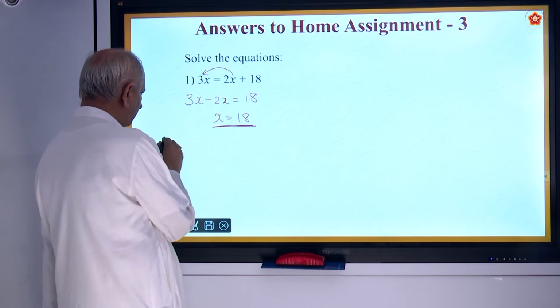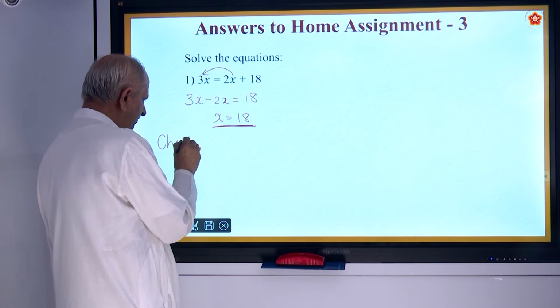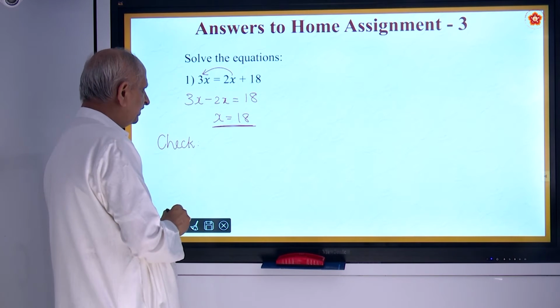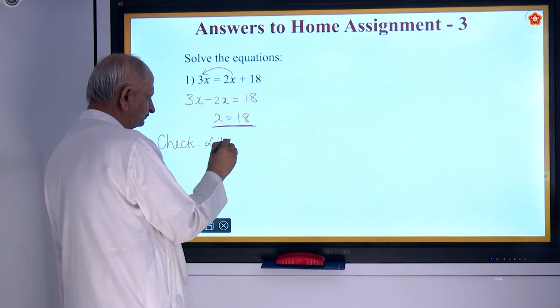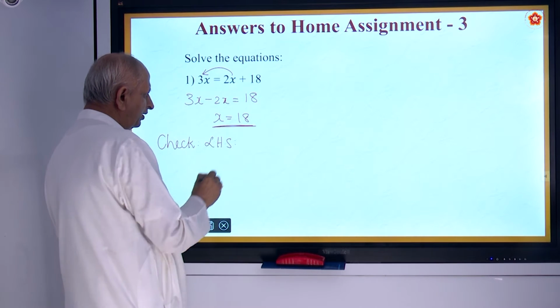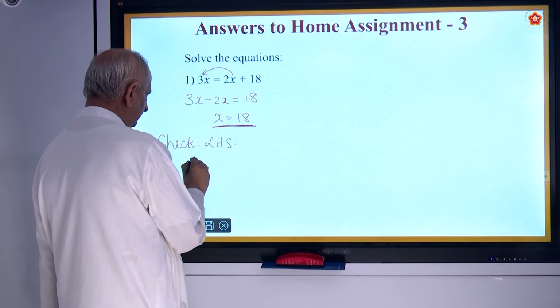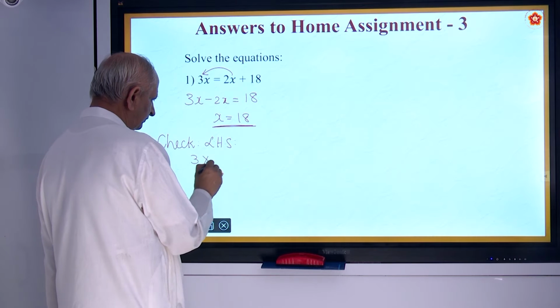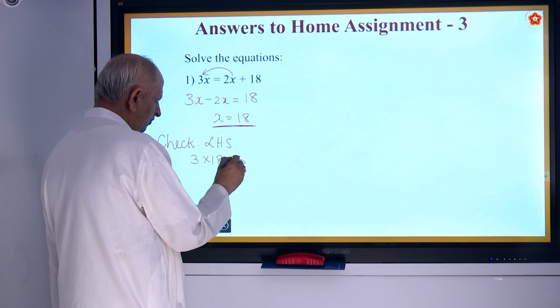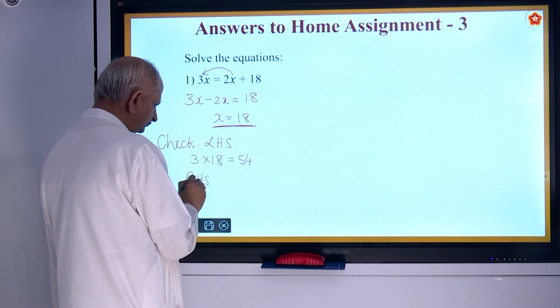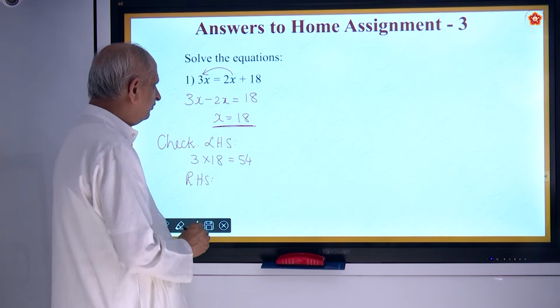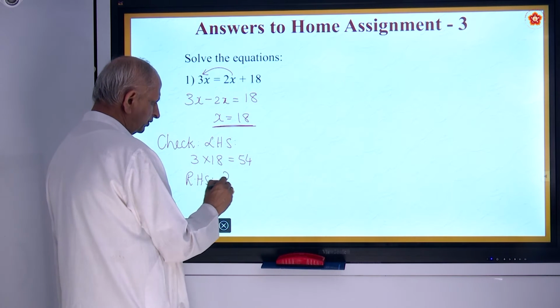So you can have a check also. That is called verification or checking. How to check it? Wherever there is x on the left hand side, you put 18. So 3 into 18, that is equal to 54. And on the right hand side, you have 2x plus 18.